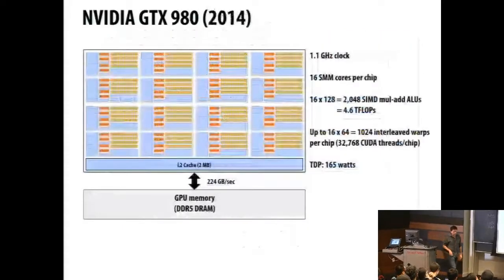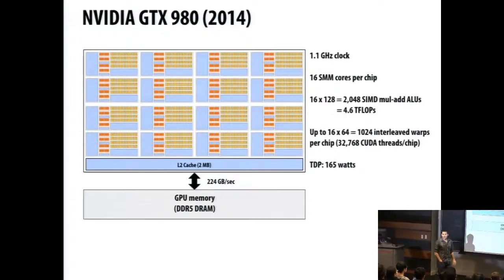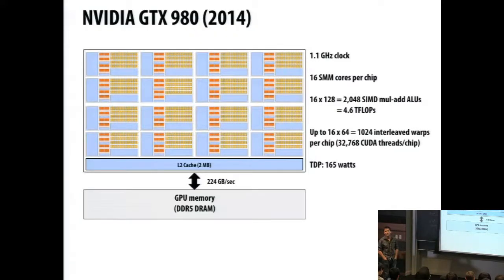If you do the math, things get kind of crazy. We're at a 1.1 gigahertz clock. We have 16 of these things per chip. Every one of these has 64 warps times 32, that's 2,000 CUDA threads per SM, per core. With 16 cores, at peak latency hiding ability, that's 32,000 CUDA threads per chip.